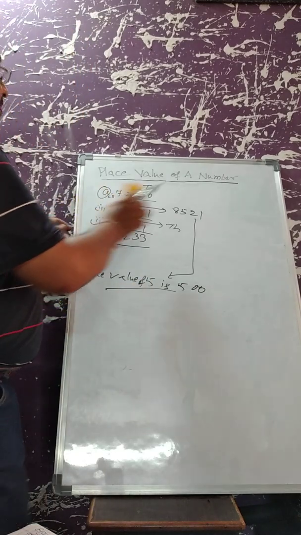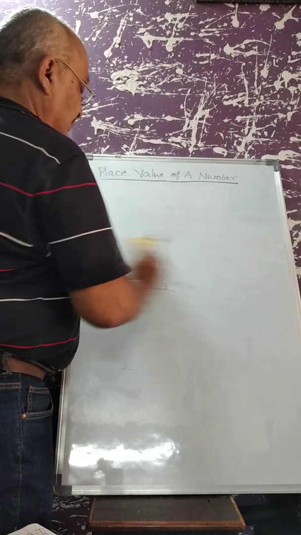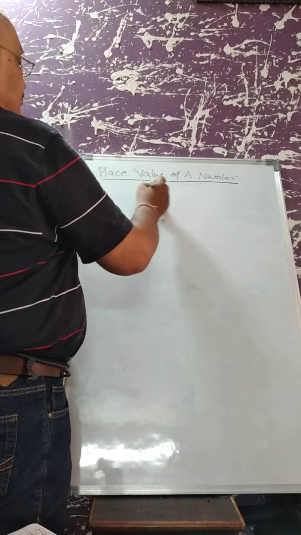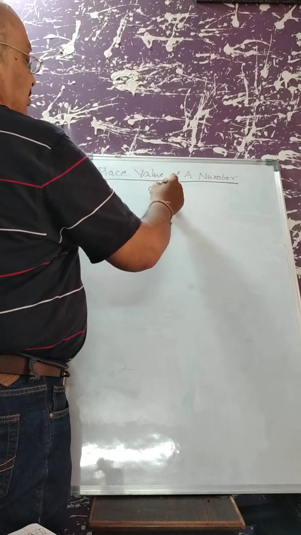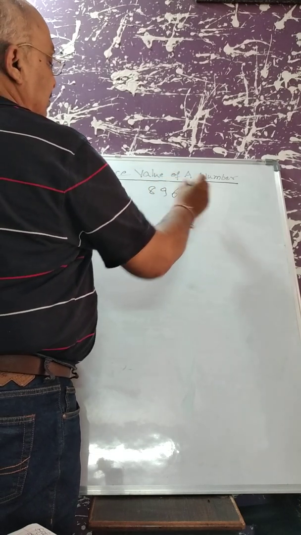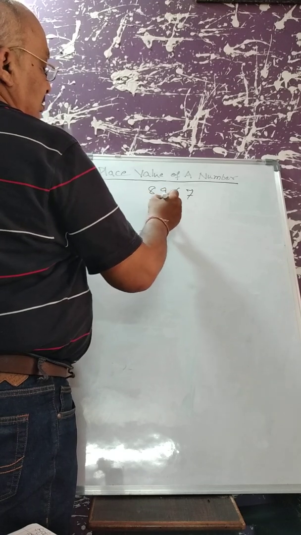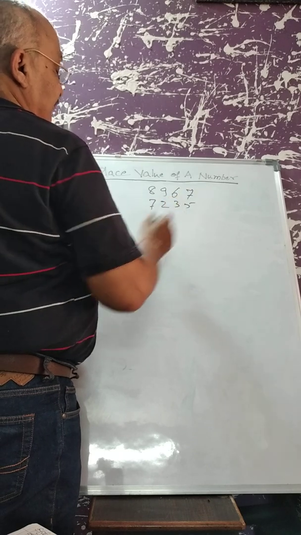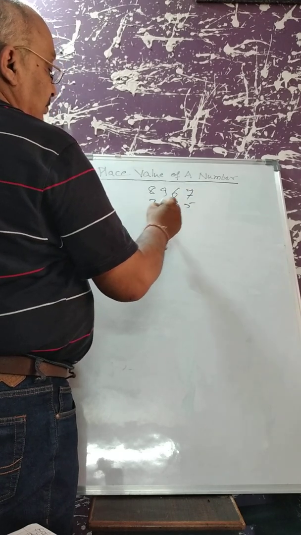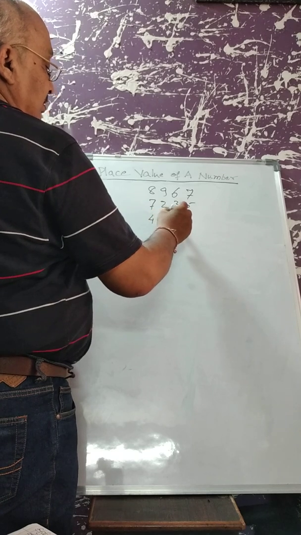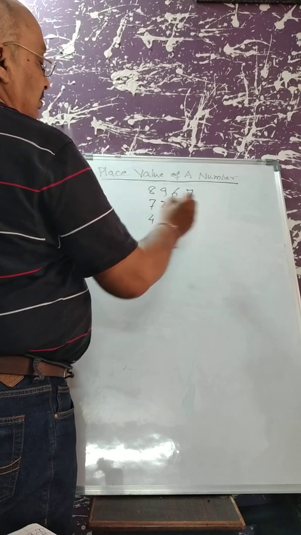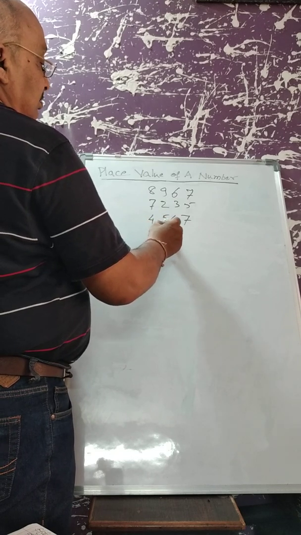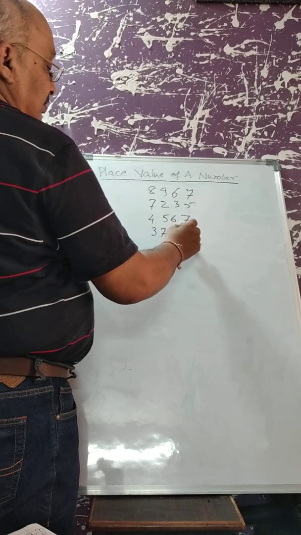Okay, so let us see one more example. From that, again it will be clear to you. 8967, 7235, 4567, 3753.